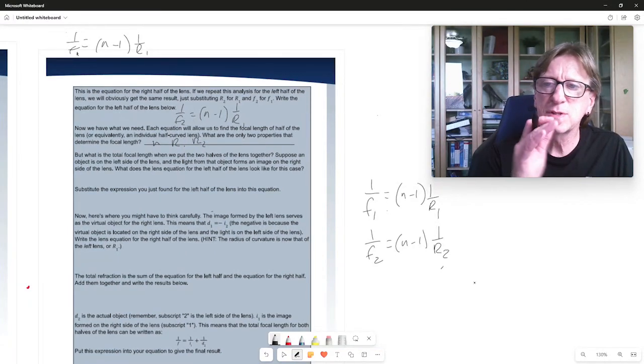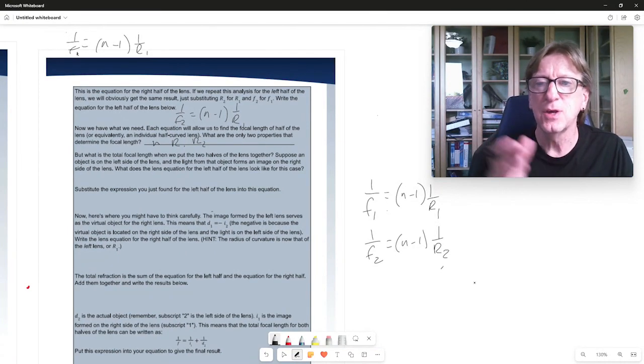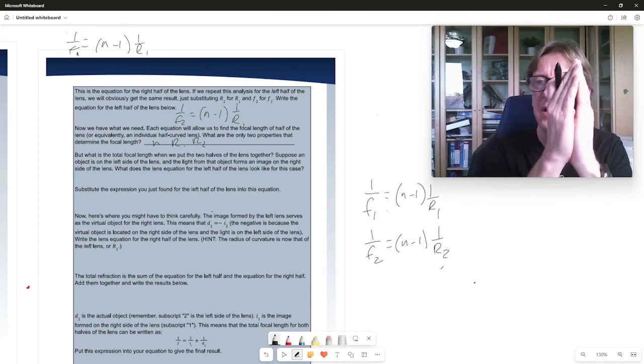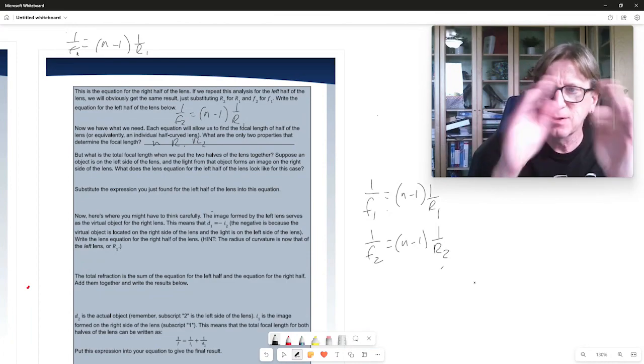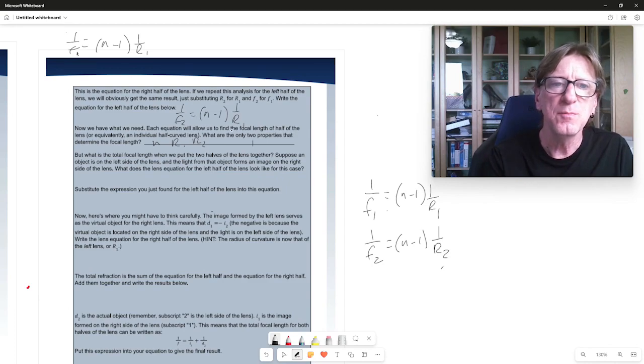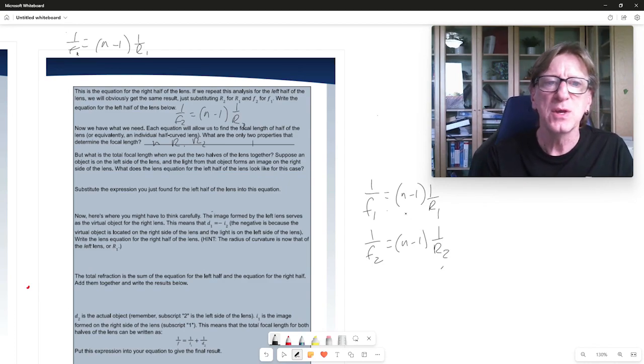Okay, so now we've looked at the two halves of the lenses individually. What are we going to get when we put them together? Because now that's what I've actually got, this double convex lens here. By the way, that should be an R2, shouldn't it? Okay, so here's my two results. Let's redraw our picture here so that we can follow what's going on. There's my lens, here's my object over here, and then here's my image over here. We use a capital I for that for now.